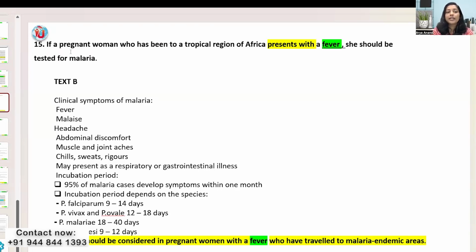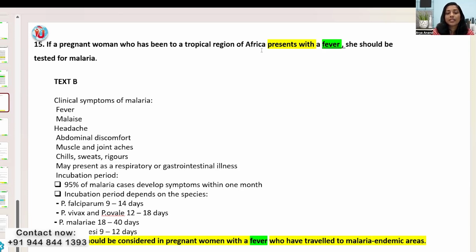So the 15th one: if a pregnant woman who has been in a tropical region of Africa presents with a dash, she should be tested for malaria. I think you will be confused between text A and text B, right?